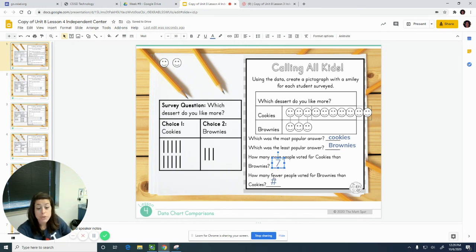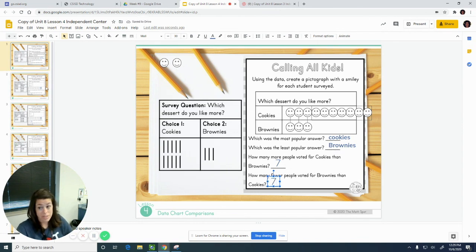How many fewer people voted for brownies than cookies? So we're asking the same question, we're just using a different word. How many fewer? 7. There were 7 fewer people that voted for the brownies.